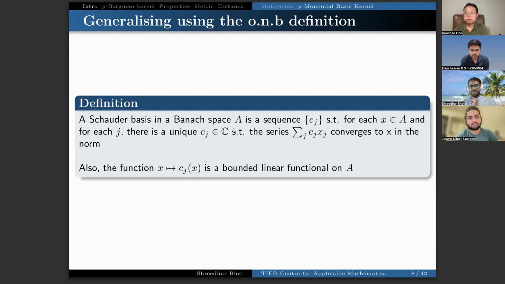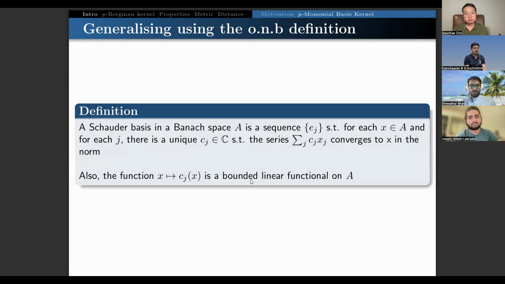A Schauder basis in a Banach space A is a sequence e_j such that any x in A can be written uniquely as the sum of c_j e_j, and this should converge to x. Also, the mapping x maps to c_j of x, and this should be a bounded linear functional on A. This is a Schauder basis.